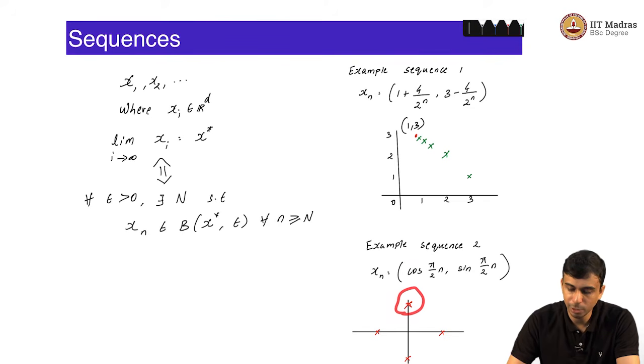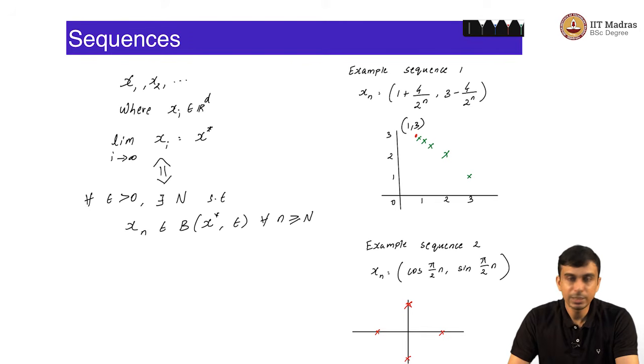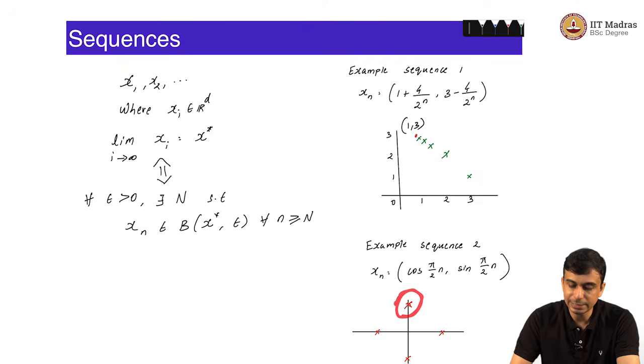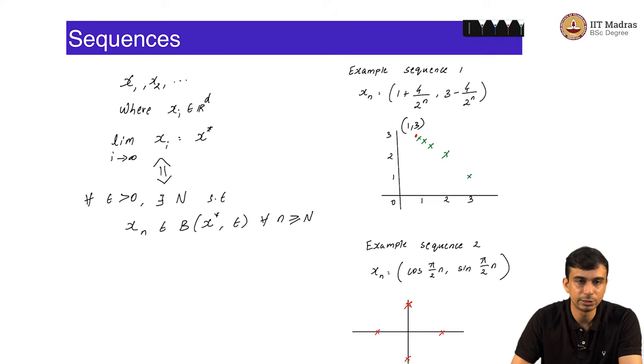Let us say I draw a ball of radius 0.1 around this point. Yes, occasionally your sequence does go inside this ball, but it also goes out. It never stays completely inside the ball after a point. So this particular sequence, the second sequence, does not converge to any point at all. This is an example of a non-convergent sequence.